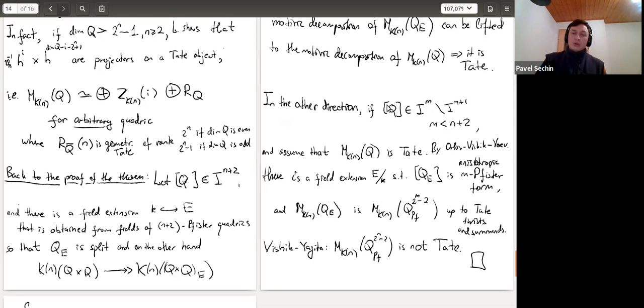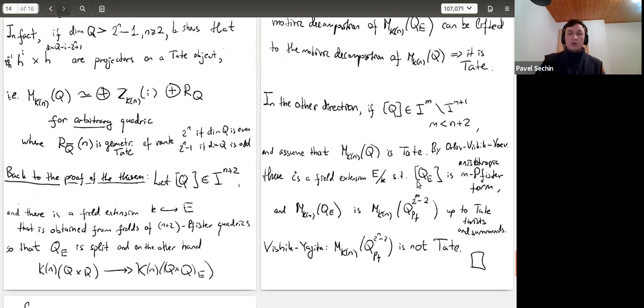If the class of your quadric lives in a smaller power of the fundamental ideal, then by the result of Orlov, Vishik, and Voevodsky, you can basically reduce everything to the Pfister quadrics, because there is a field extension so that after this field extension, the class of this quadric Q becomes the class of an anisotropic m-fold Pfister form, where m is the same as it was.